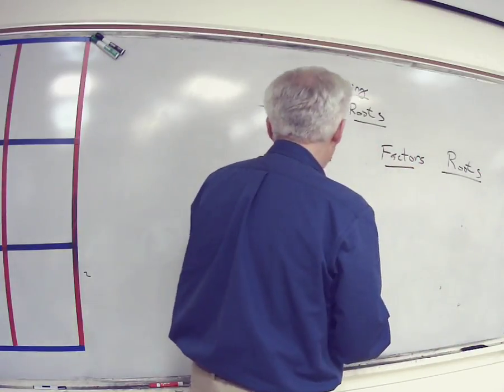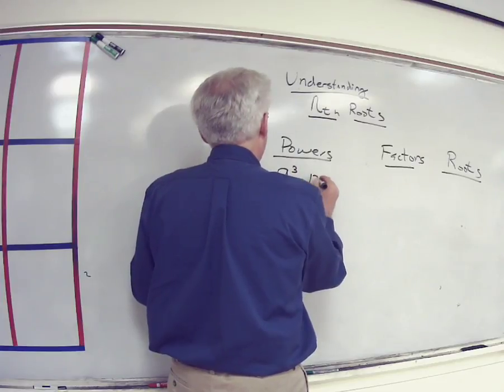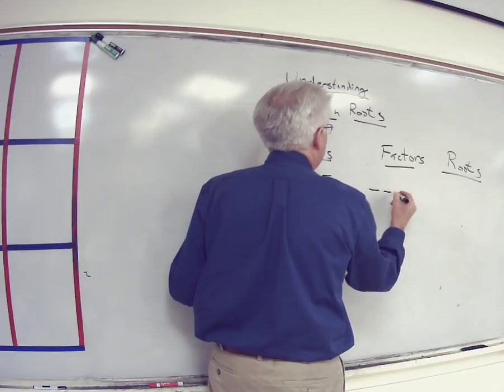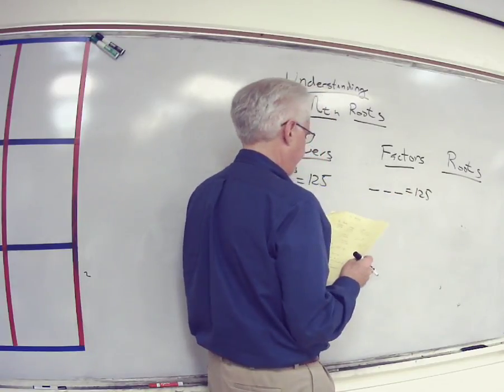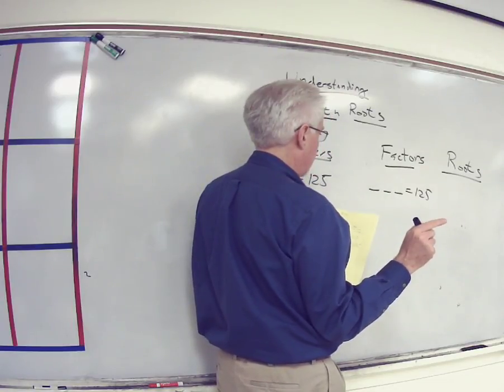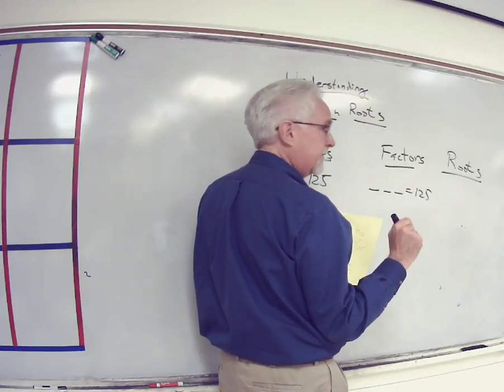Okay. So if I have a cubed is equal to 125, what times what times what would equal 125? Somebody said 9 times 9 times 9, but that is not 125.